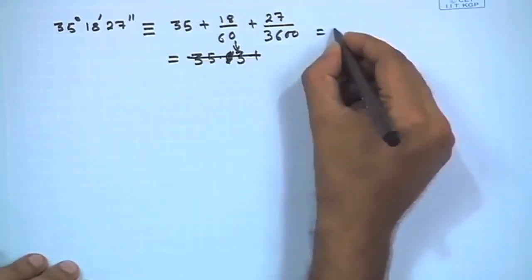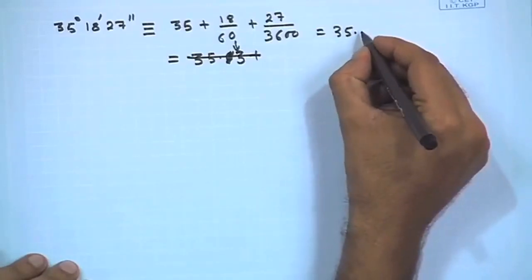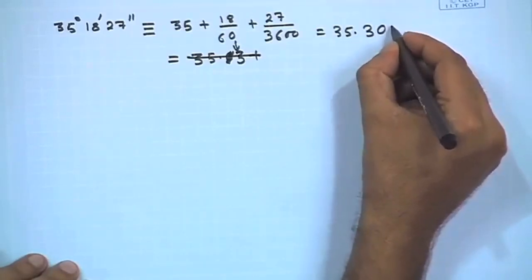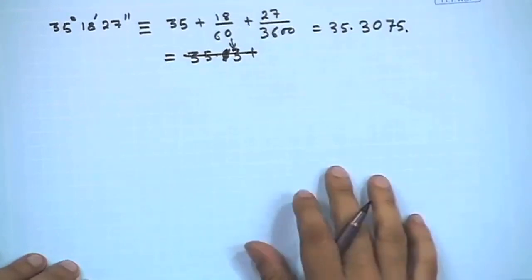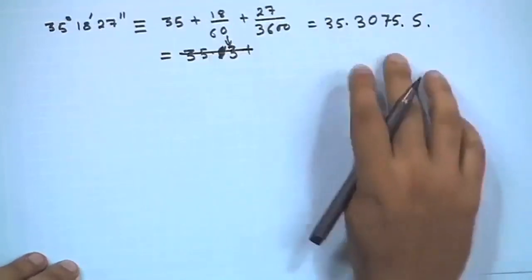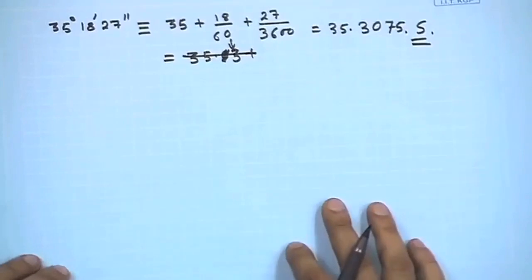So finally it will be 35.3075, and it is given as south, that is very important.